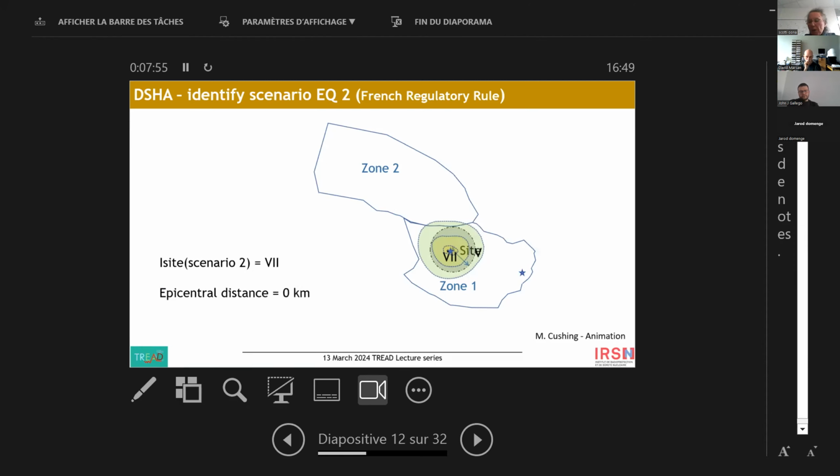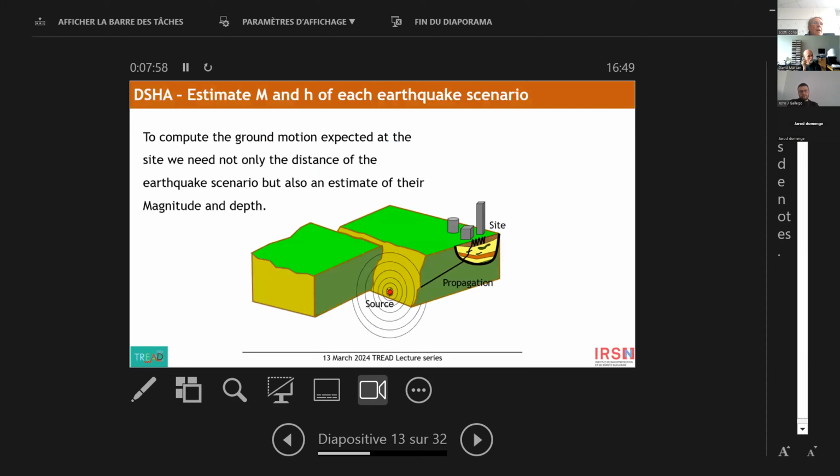So here we have these two events, and now we need to estimate the magnitude and the depth. So to compute the ground motion, eventually, we need these two parameters.